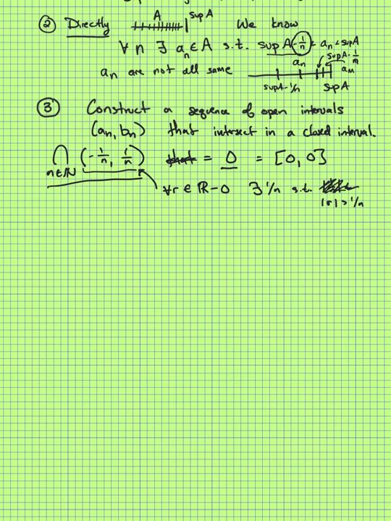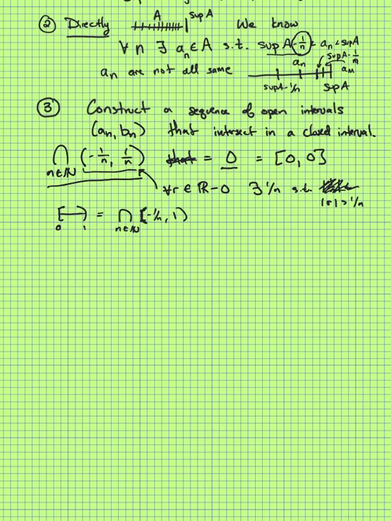Okay, so some other possibilities: if you wanted to construct an intersection that was half open, so maybe 0 to 1, this is the intersection of negative 1 over n, 1 over n. Oops, sorry, this should be open.